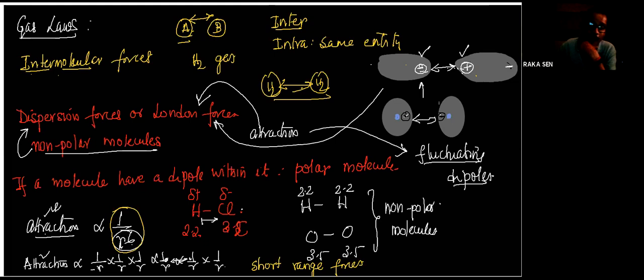How much? Maybe 500 picometers, which means 500 times 10 to the power minus 12 meter. Only at this distance are the forces operational. This is what we call London forces. Is that clear?